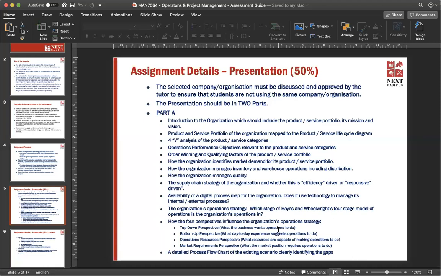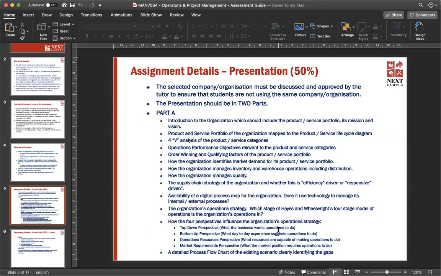Now, bottom-up perspective means from an operations angle, you look at the ground level scenario and say, we can't actually sustain this. A classic example is the automation part. Say, for example, if you are into retail, you may realize that a lot of retailers are moving into online business.